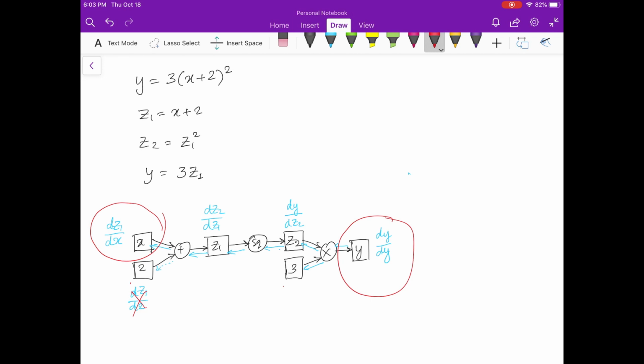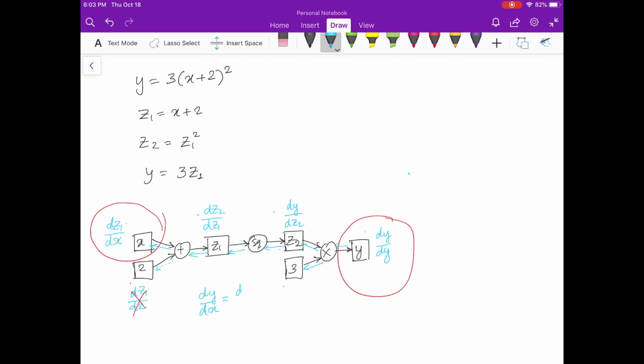So we want to now find the derivative dy dx. And that is simply the product of all the derivatives that we encounter along the way.